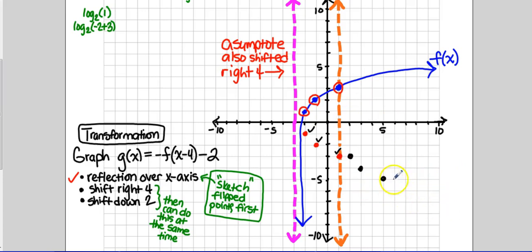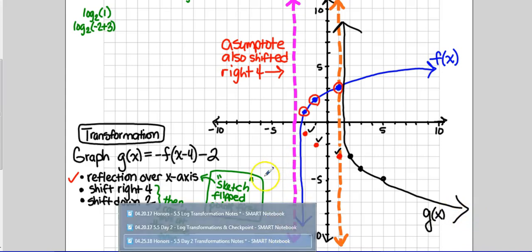Our graph is complete. And we can label this g of x.